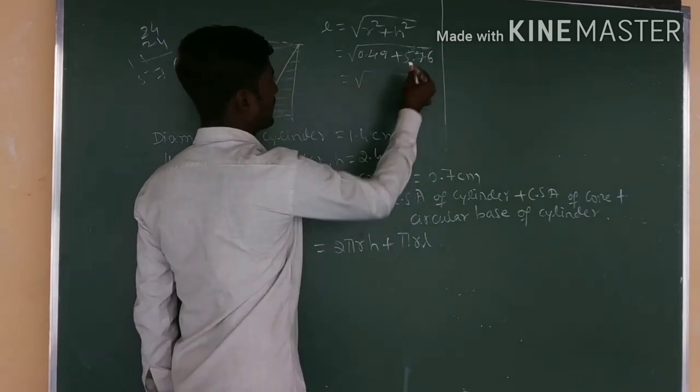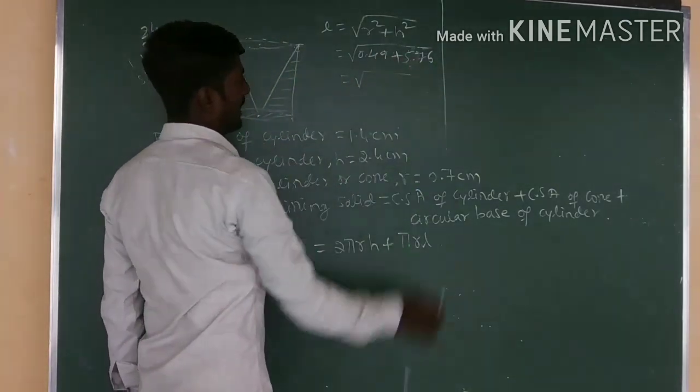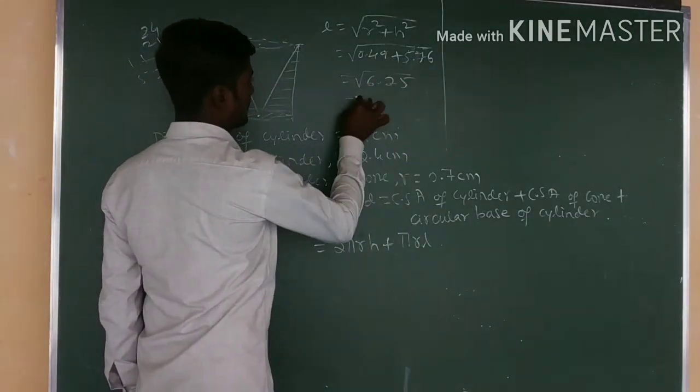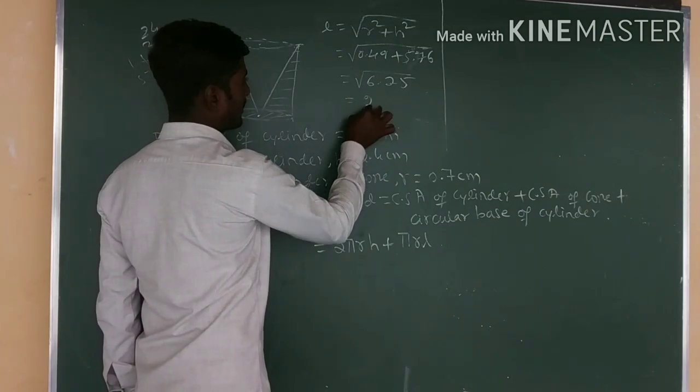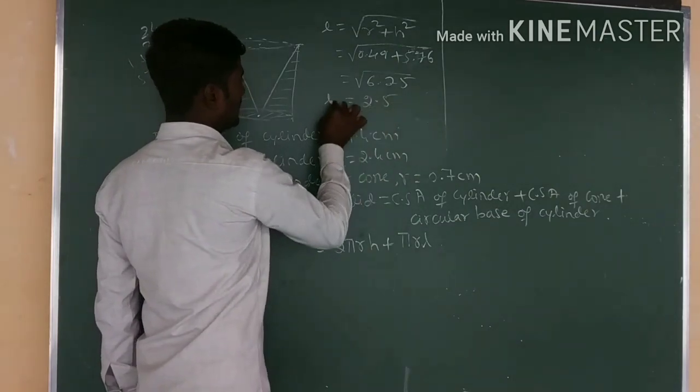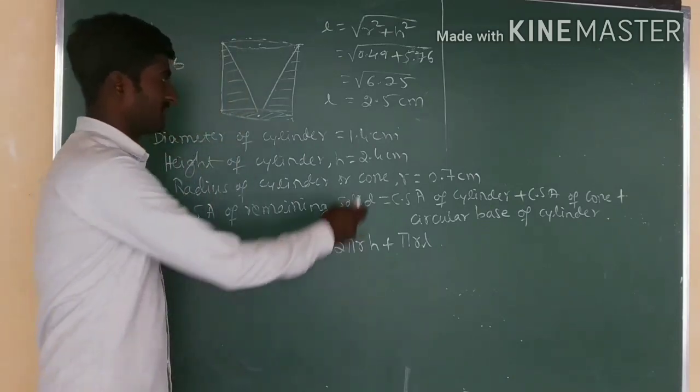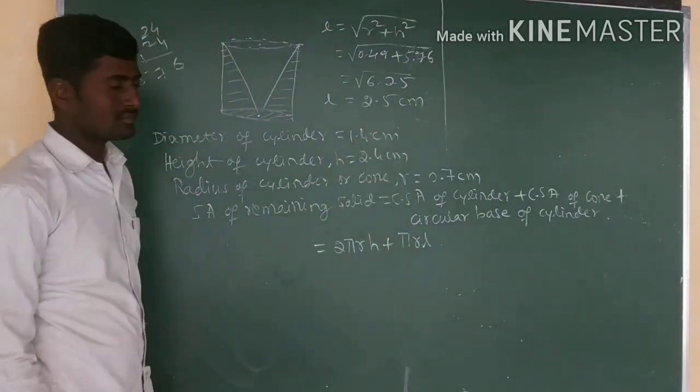Now this is equal to under root of, if you add these two, you get 6.25. So 6.25 is nothing but 2.5. So this is L, 2.5 centimeter, because these are in centimeter.